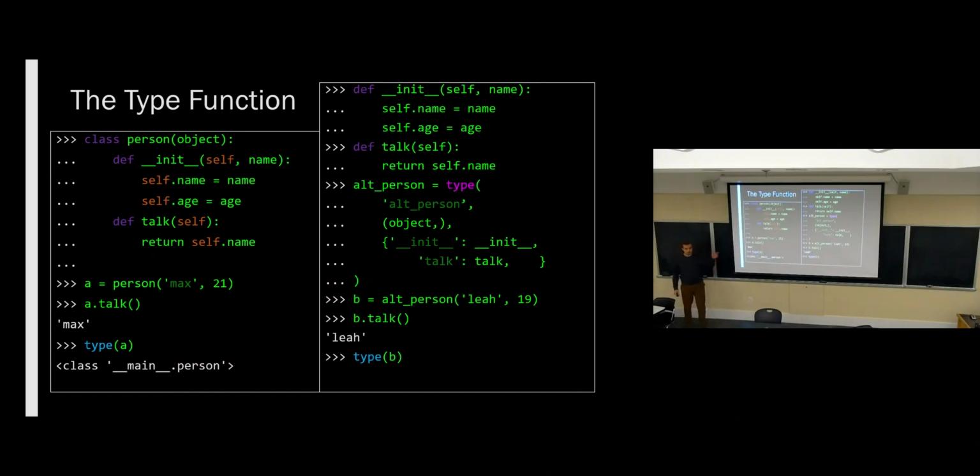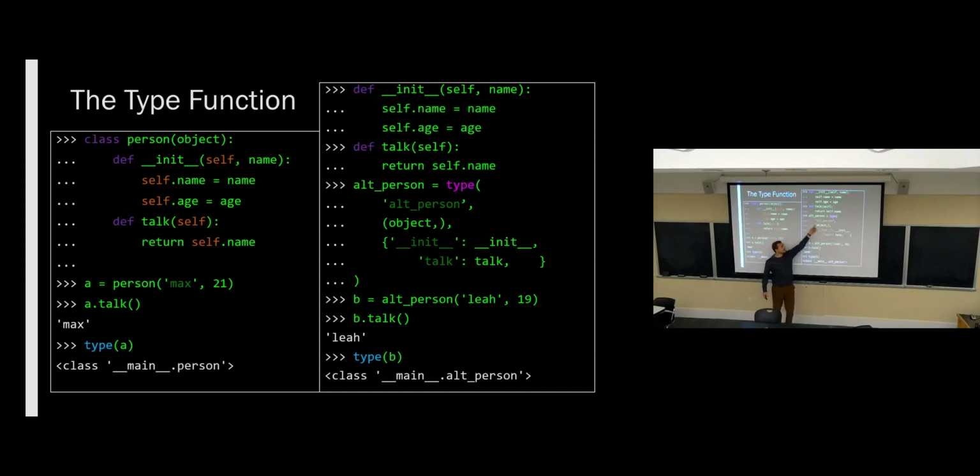So what do we expect here? Alt person? Yeah, because alt person is a class now. We created an instance of that class called B. We're getting the type of it. The type was alt person. The only difference here is that instead of writing this class like we're used to seeing it, with the class syntax, we've written it with a function called type.